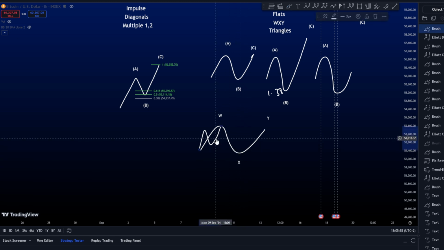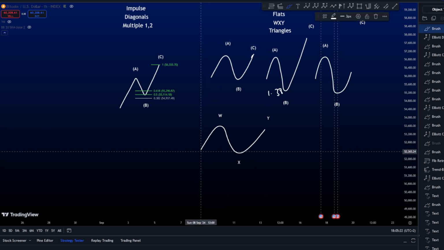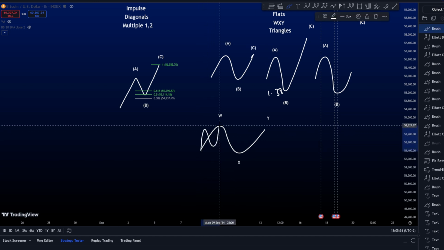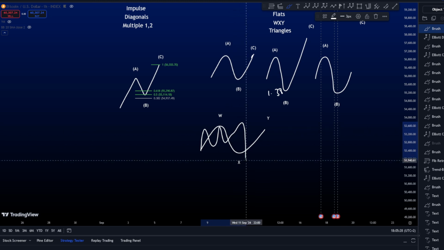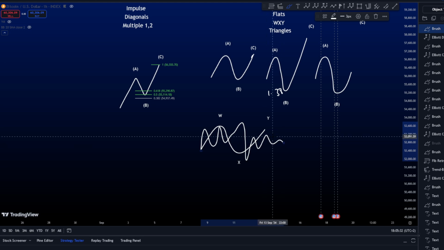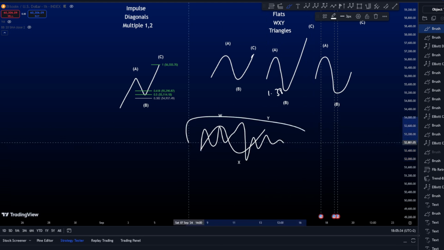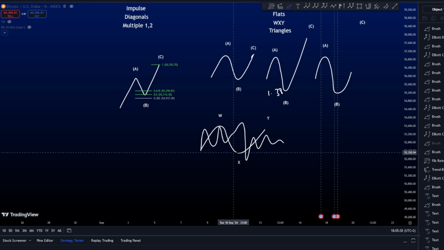Another way that this WXY can finish is starting with a regular flat, for example, then an expanding flat, maybe even like that, and even finishing here as a triangle, where you have a lot of choppy waves and can never find any impulse to trade in it, right?